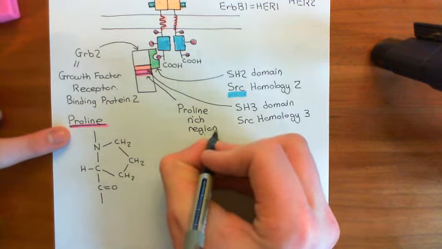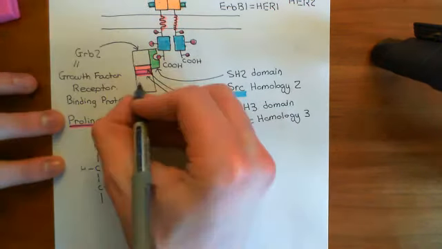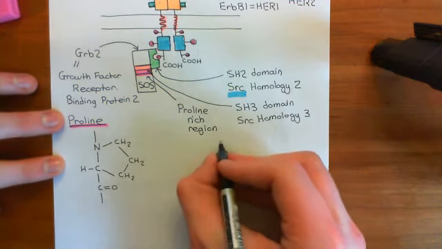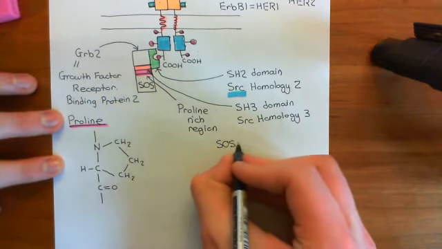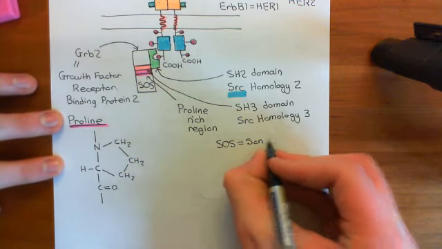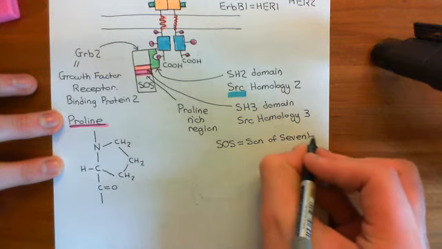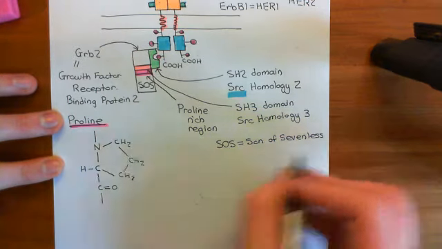Now, what is this protein that has the proline-rich region? Well, this is a protein known as SOS. SOS stands for Son of Sevenless, and I actually don't know the story of how it became known as that. It's like a name that you get out of developmental biology.